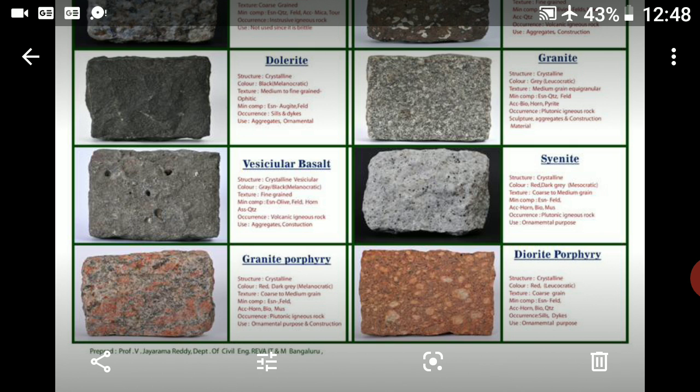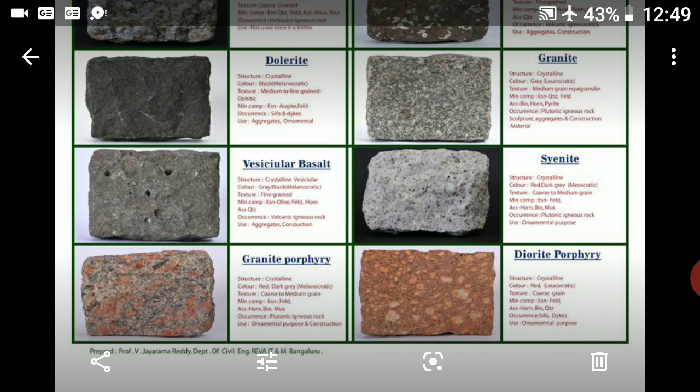Next is vesicular basalt. Structure crystalline, vesicular, color gray, black, texture fine grained. Mineral composition: essential minerals are olivine, feldspar group mineral, hornblende. Accessory mineral is quartz. Occurrence: volcanic igneous rock. Use: aggregates, construction.